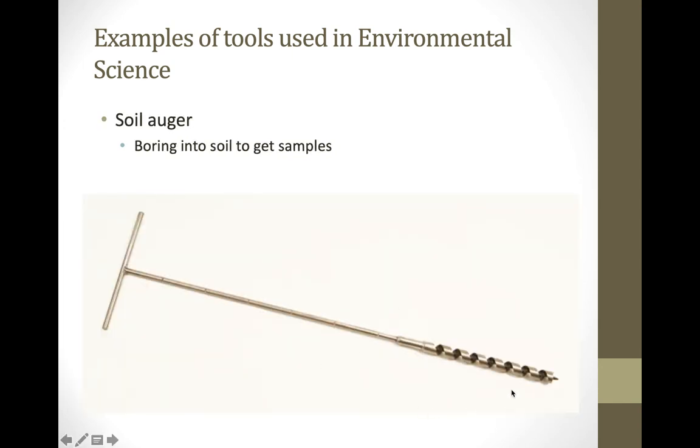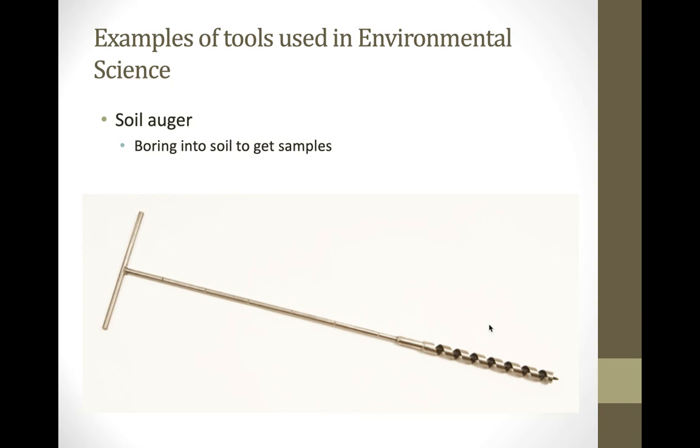This is a soil auger, and this is what we would use in order to be able to get soil samples. We talked about soil profiles earlier, and yes, it is absolutely easier to look at a soil profile by digging a huge hole, but not all of us have got backhoes and front end loaders in order to be able to do that. And I wouldn't suggest going and digging a big hole in your parents' front yard.